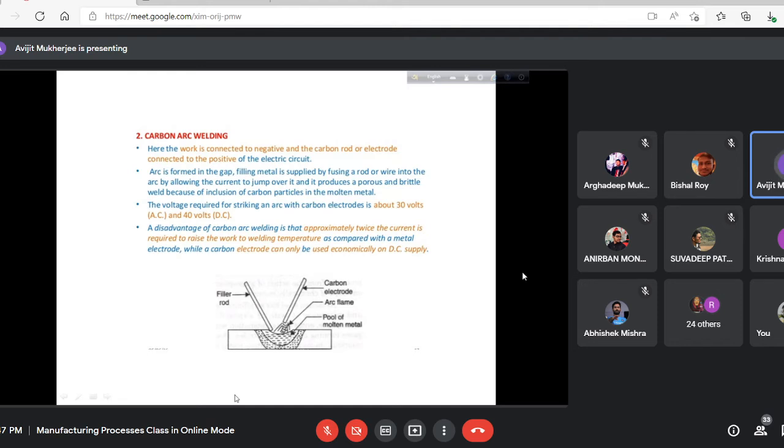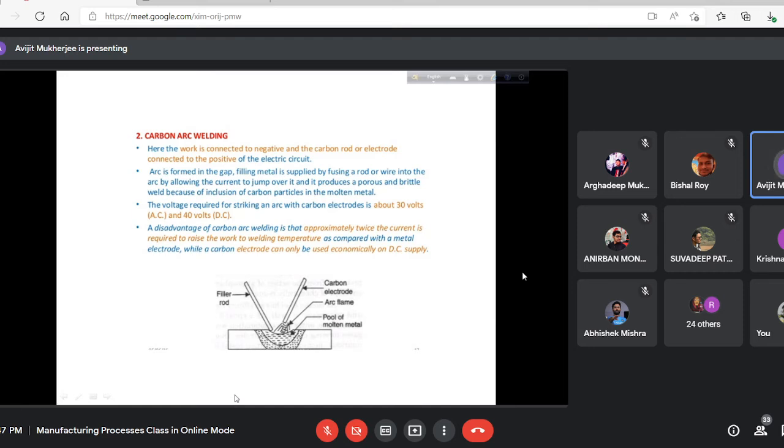And as we had mentioned, there are various other welding techniques. Some of them are older techniques, some are newer. Carbon arc welding is one of them. This is not that new, but it is another technique.